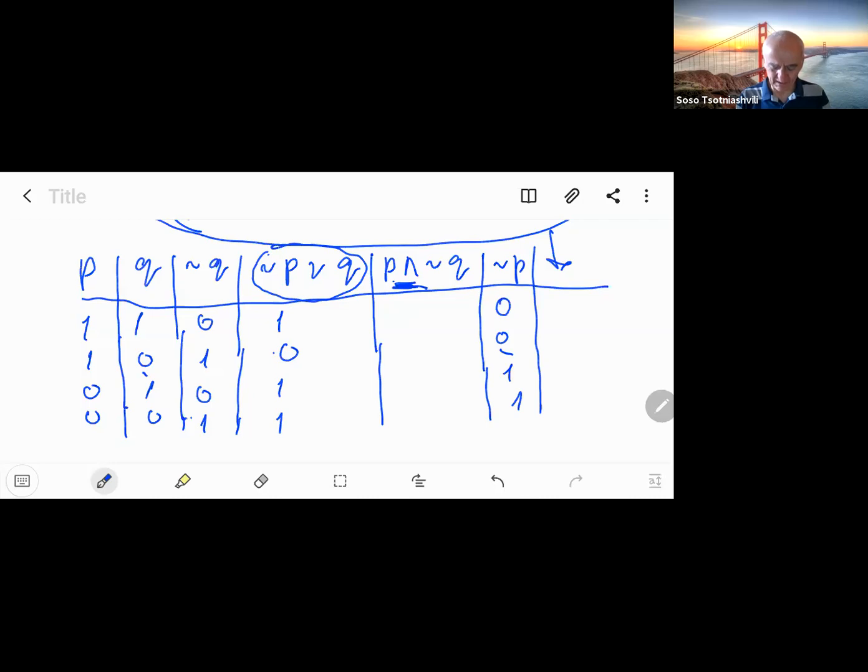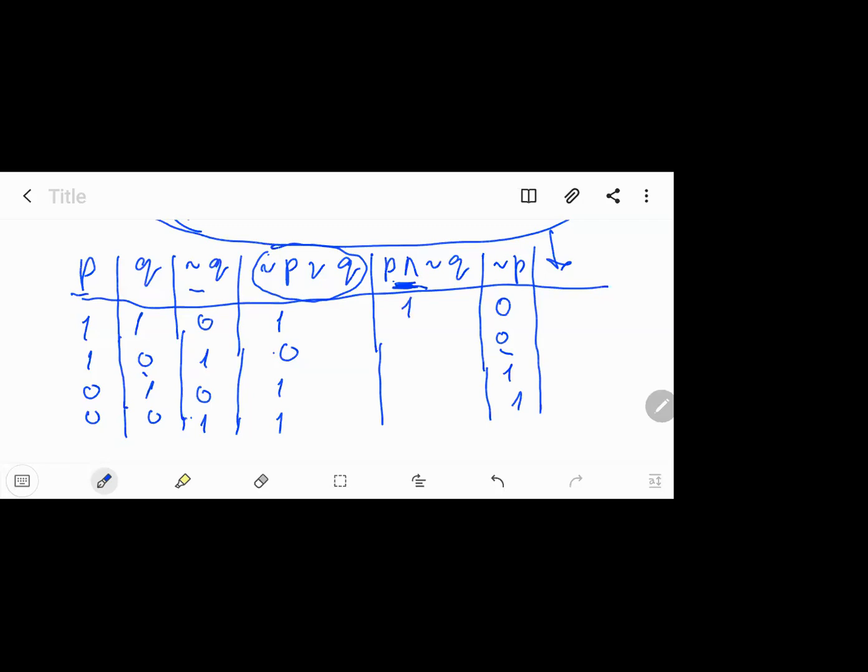Next, P and not Q. P we have here and not Q we have here. And it's only one case that is true. It's the first. Agree or disagree?